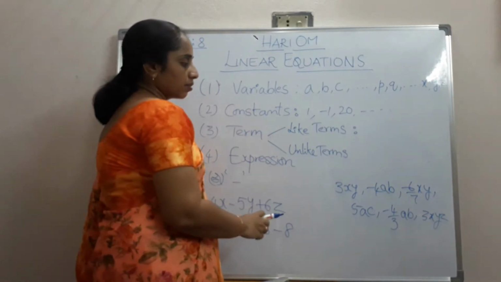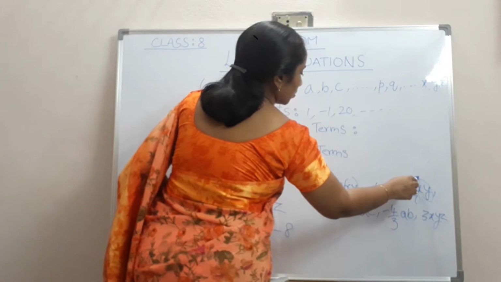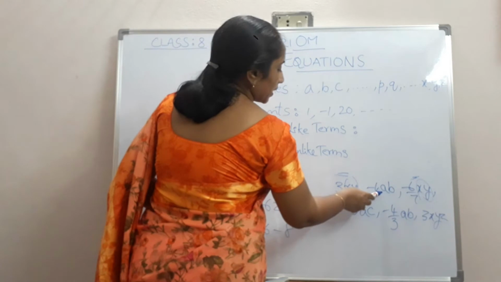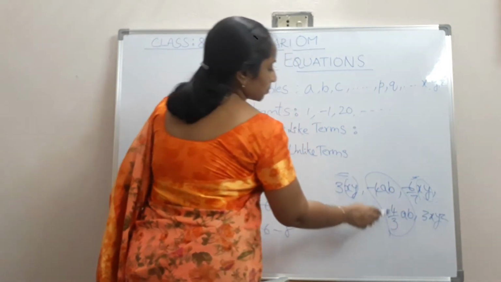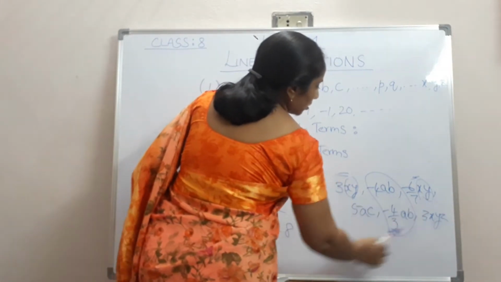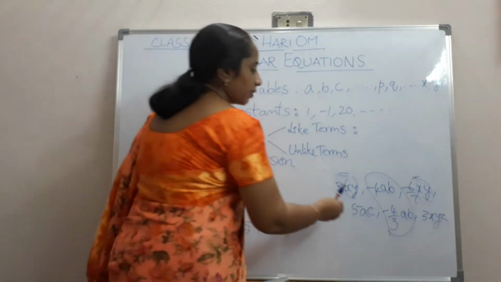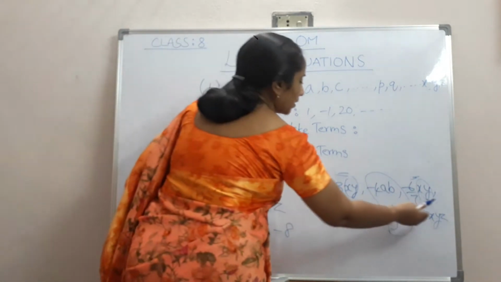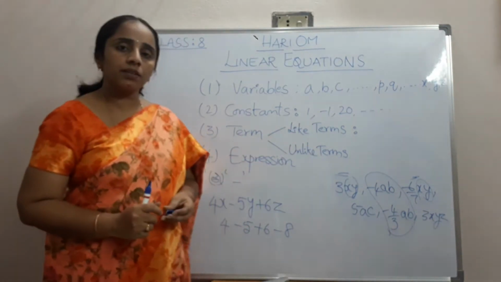So here also xy, xy, so these two are like terms, and minus 4ab, minus 4 by 3ab, these two are also like terms, and when we compare these two, 5ac and 3xyz, no variable is same, so these two are unlike terms. Understood the difference between like terms and unlike terms?